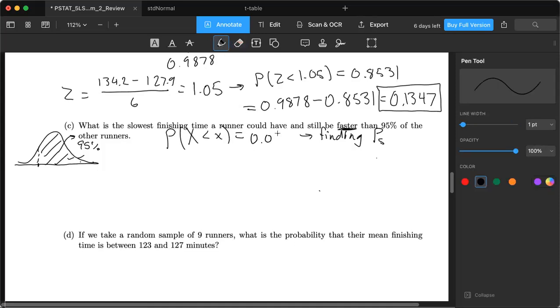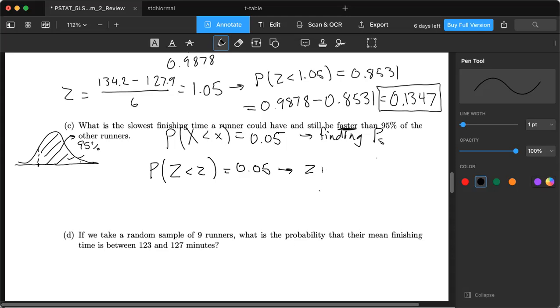So 0.05. And now we do the opposite. Actually, this is going to be pretty similar to do. The probability that Z is less than z is going to be 0.05. Because of the symmetry of this bell curve, before we got that z was 1.645.